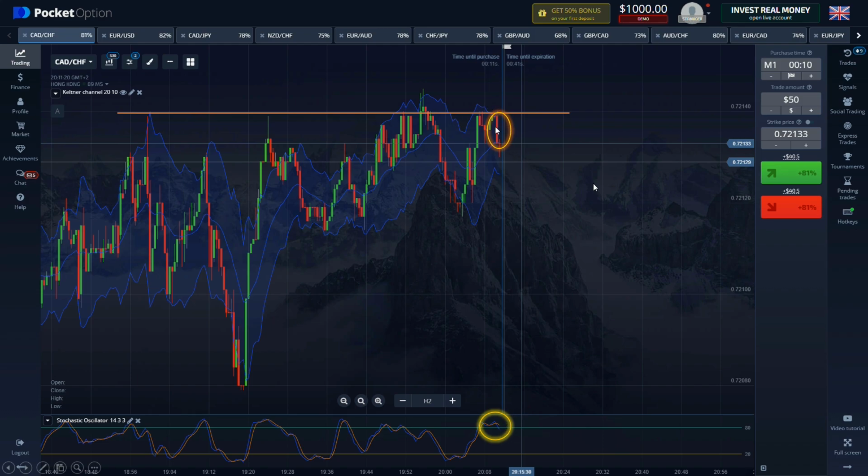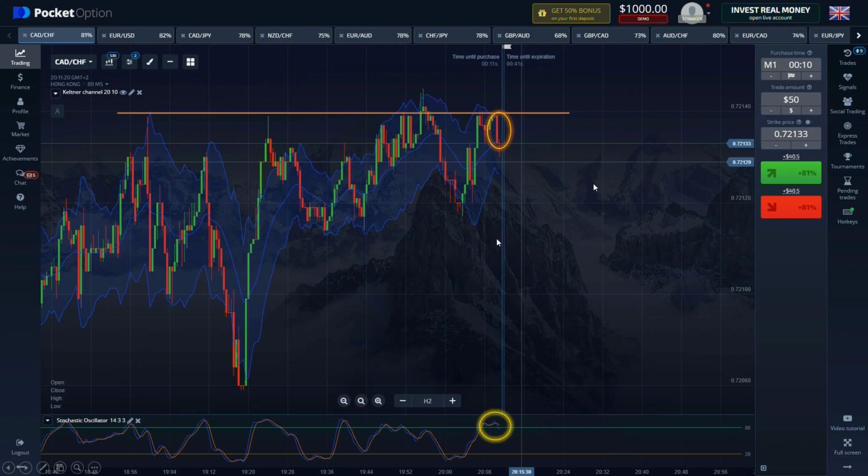Also you can see here in the chart market goes all the way up to Keltner channel's above line. Also there is resistance line, and then we got huge red candle. So in this case we can place a short trade here.